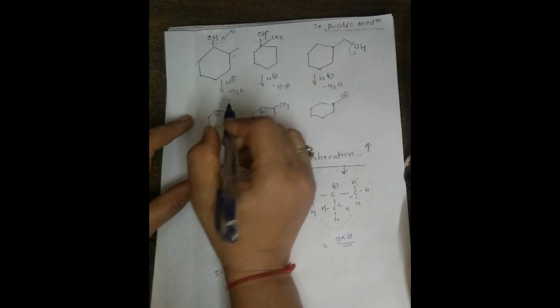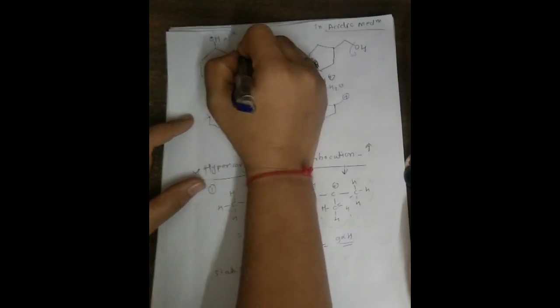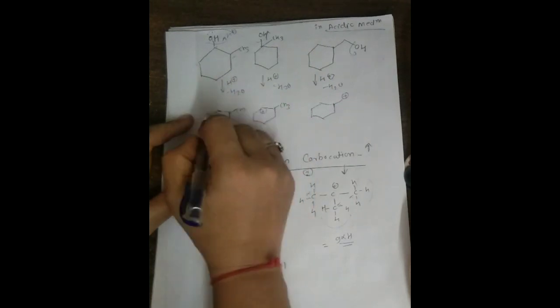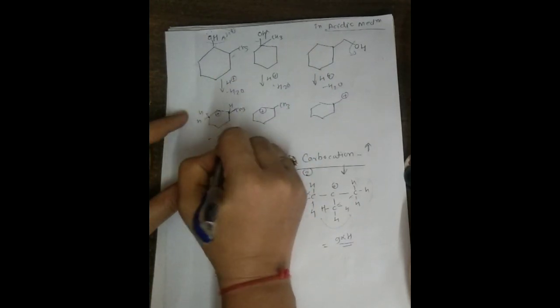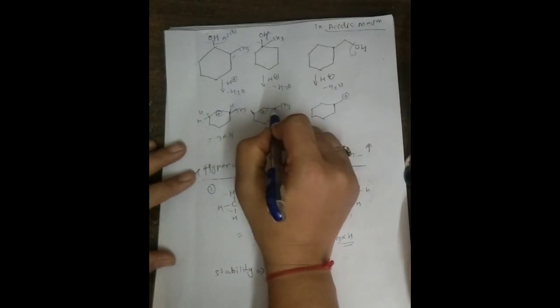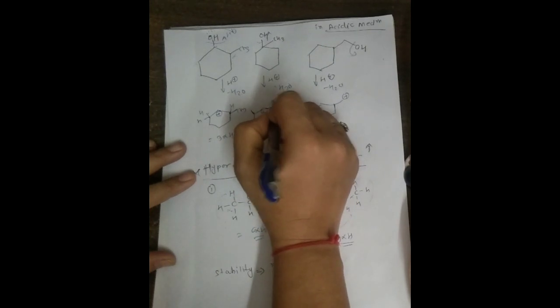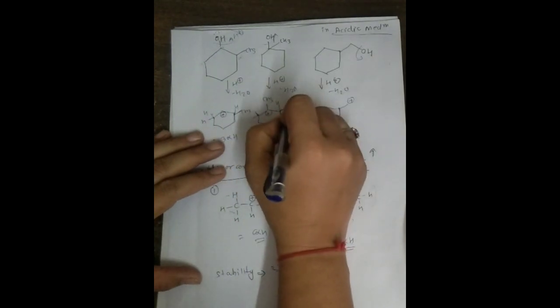How many hydrogen atoms are present in this? This is CH3. So 1, 2 and this is 3, meaning 3 alpha hydrogens are present here. In this case, this is an alpha position, this is also an alpha position, there is one hydrogen here and this is the hydrogen atom.